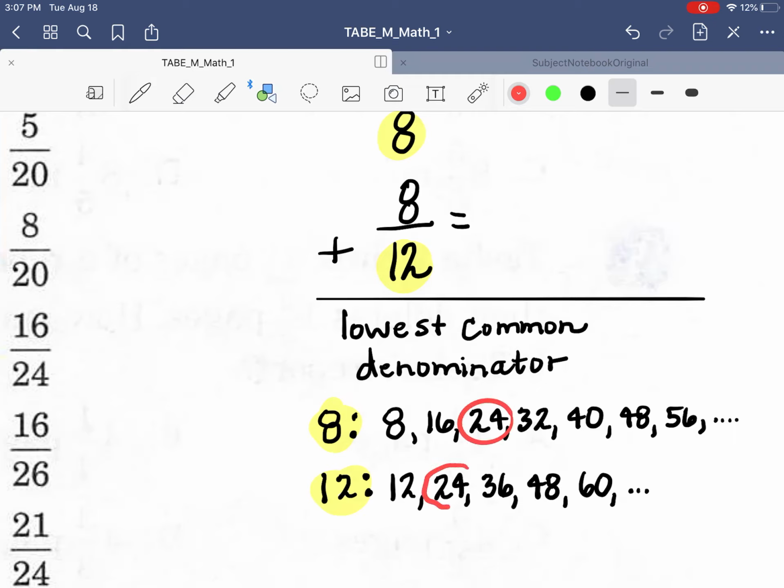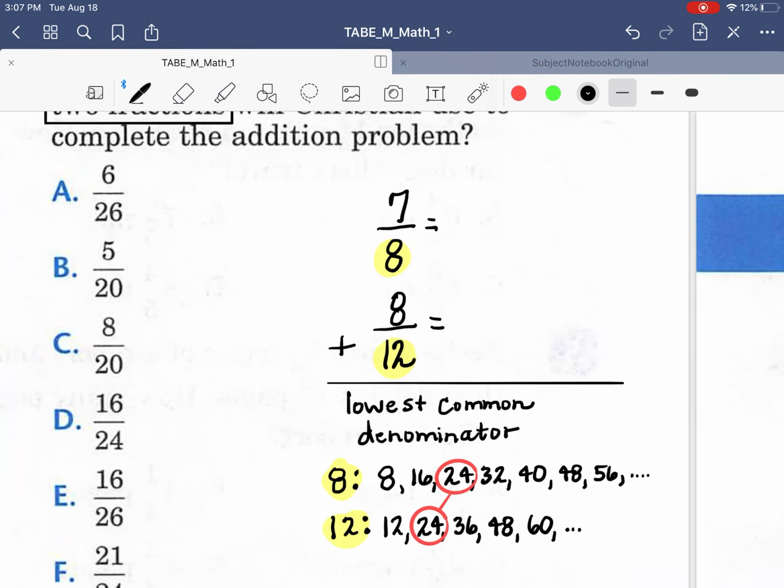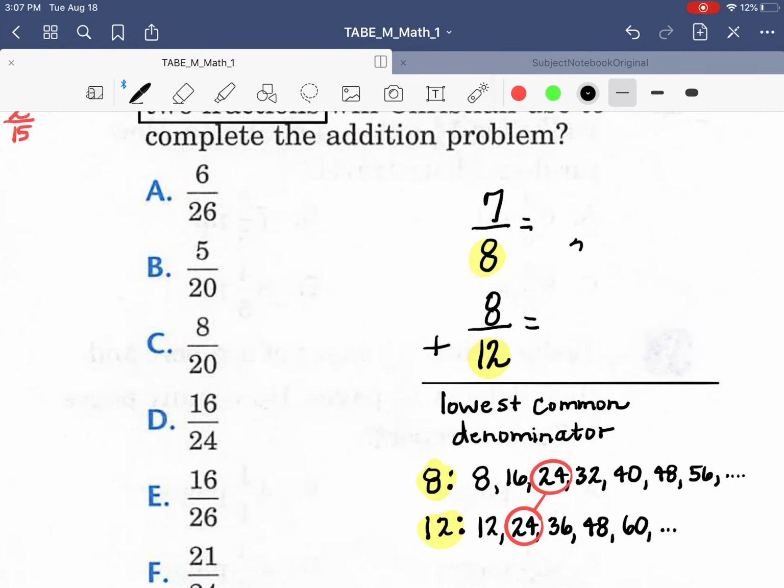We are looking for the lowest one that these have in common. So the lowest common denominator is 24. And that's the one that we need to use up here. So let's bring this. You see why I didn't want us to go through this process every single time. But in this particular case, we have to do that.